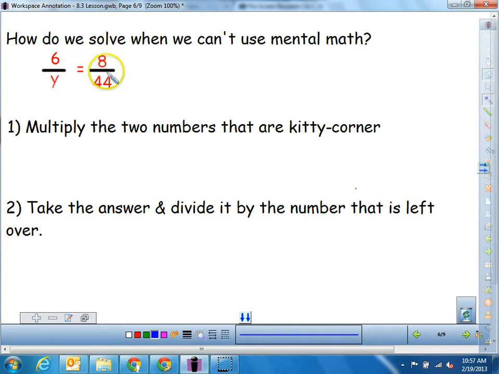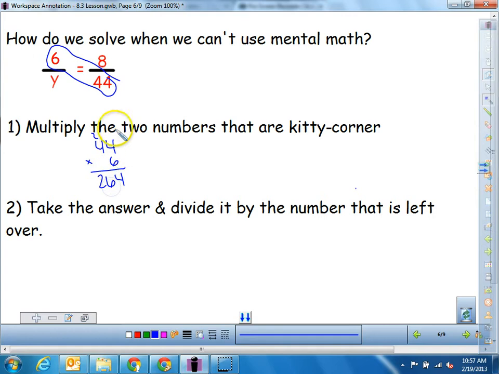So when I do this, no matter where my missing number is, I'm going to find the 2 that are kitty corner. So I'm going to take 6 and 44, and I'm going to multiply them. So 44 times 6, and I get 6 times 4 is 24. 6 times 4 is 24, plus 2 is 26.